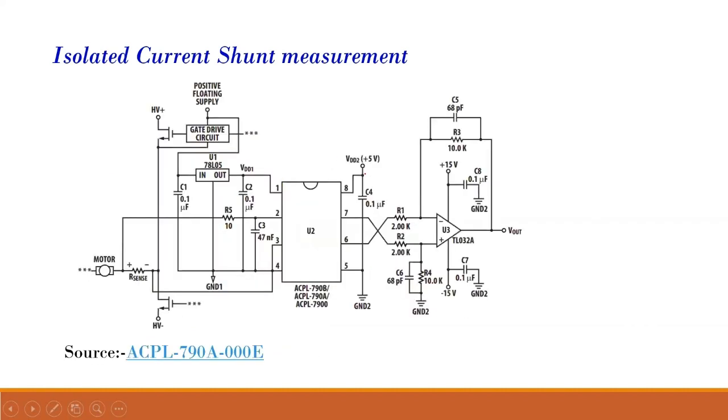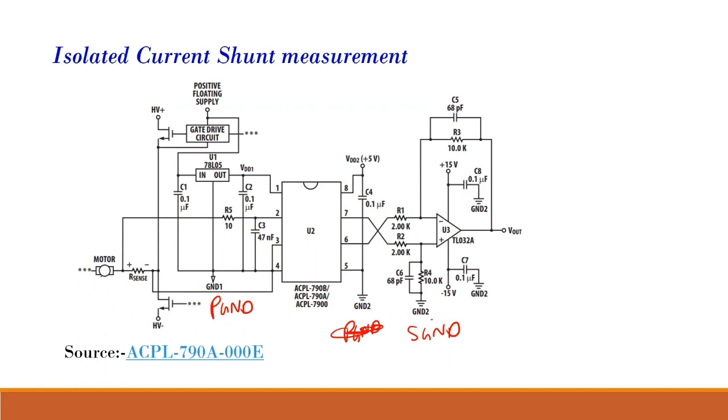I'll show one actual circuit. So this is my isolation amplifier. There are various other biasing capacitors, decoupling capacitors, all that. You can ignore that. What you must remember is this ground 2 is my signal ground, and ground 1 is my power ground.